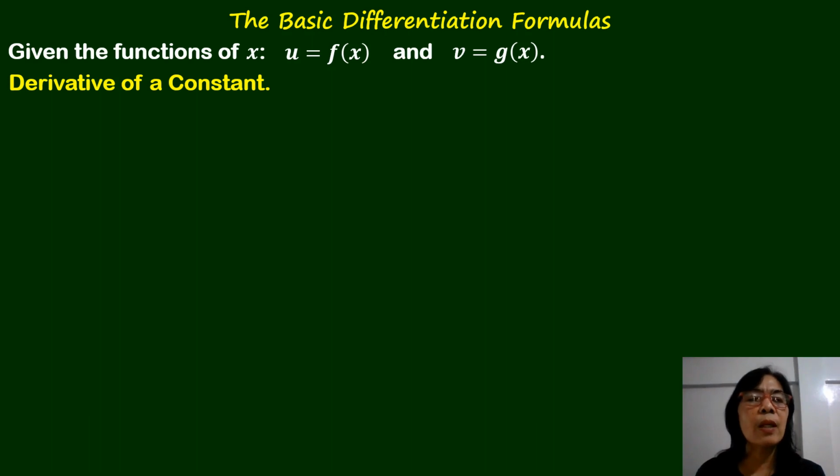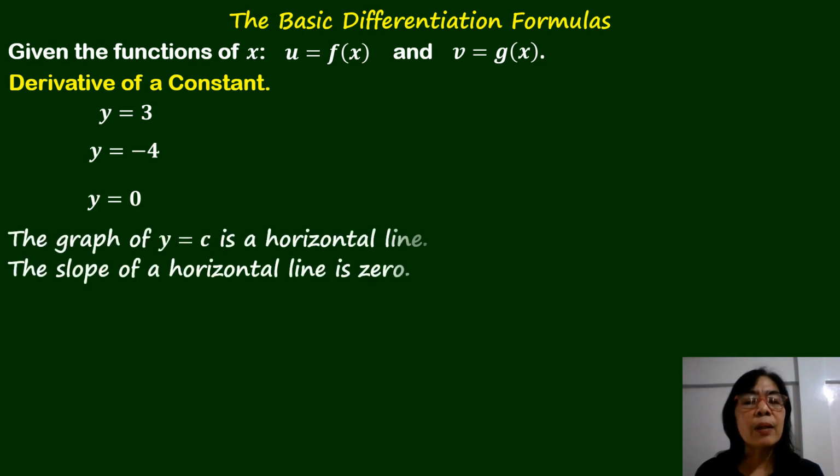Before we get to the derivative of a constant, let us first recall the graphs of the equations y is equal to 3, y is equal to negative 4, and y is equal to 0. I hope you still remember from your analytic geometry that the graph of any function y is equal to a constant is a horizontal line, and that all horizontal lines have slopes equal to 0.